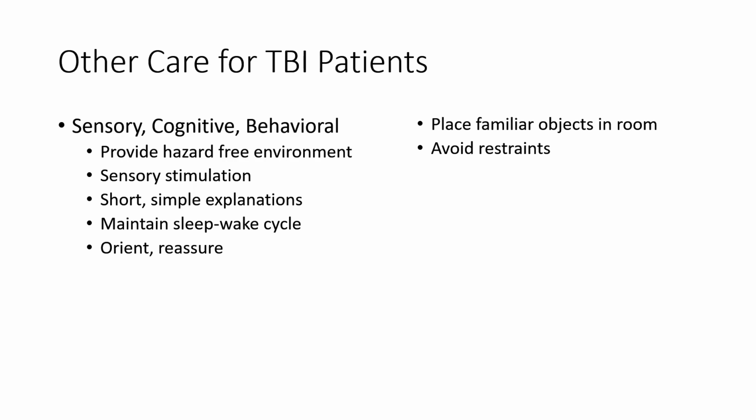We can place familiar objects and pictures in their rooms. Now, we do want to avoid any kind of restraints if possible in these patients. Wrist restraints, vest restraints, etc., because these patients sometimes react very violently to being tied down. So be prepared for that and try and figure out a way to avoid restraining them while also keeping them safe.